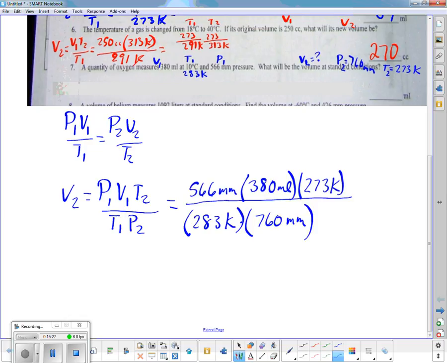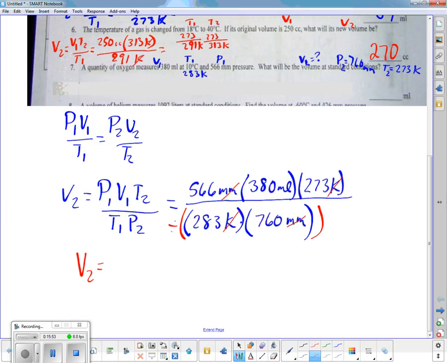Double checking myself, I'm going to cross out the units, and I end up with milliliters, which is a volume. Make sure when you go to divide, you put parentheses around that whole group. I just put parentheses around everything.